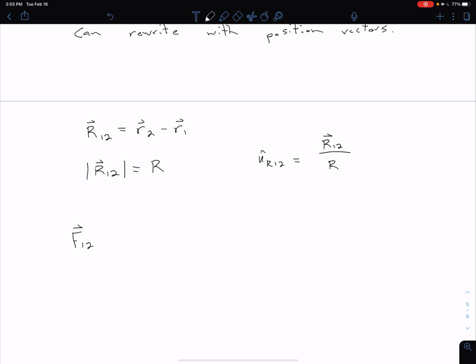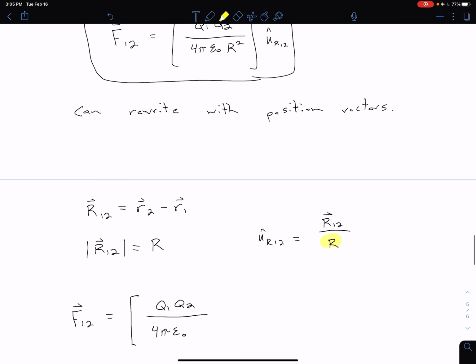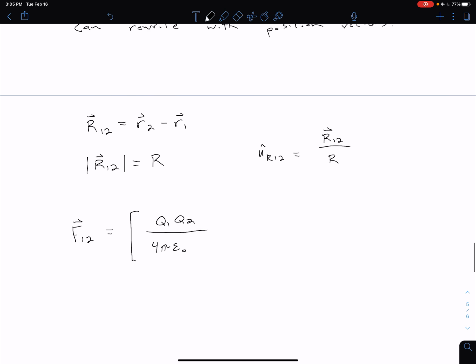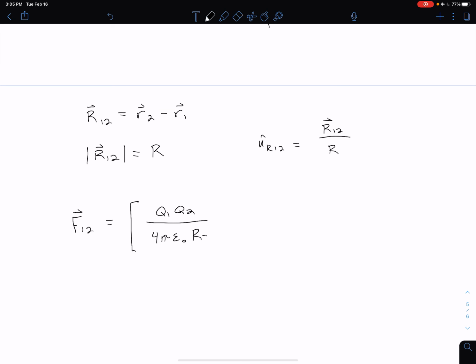Putting all three of these pieces of information together, F12, the force on 2 due to 1, is equal to, so we still have the product of our charges, Q1 and Q2, divided by 4 pi epsilon naught. But now I'm going to pull this r from our unit vector and multiply it with the r squared that was already in here, and of course that gives me an r cubed. Now I just have the vector r12 as opposed to the unit vector, and of course I can rewrite that as well.